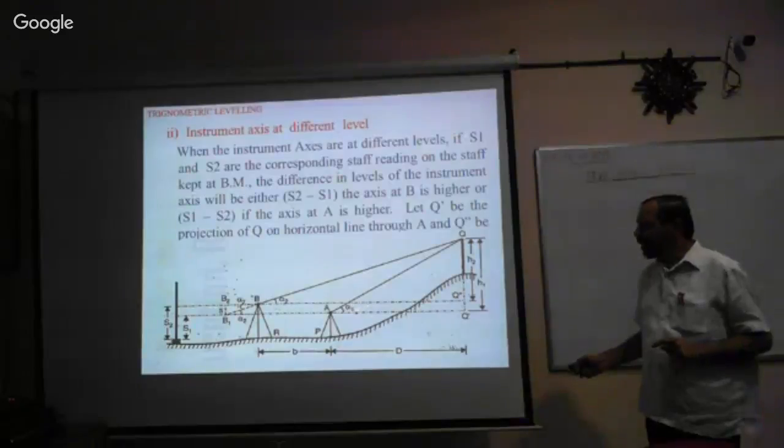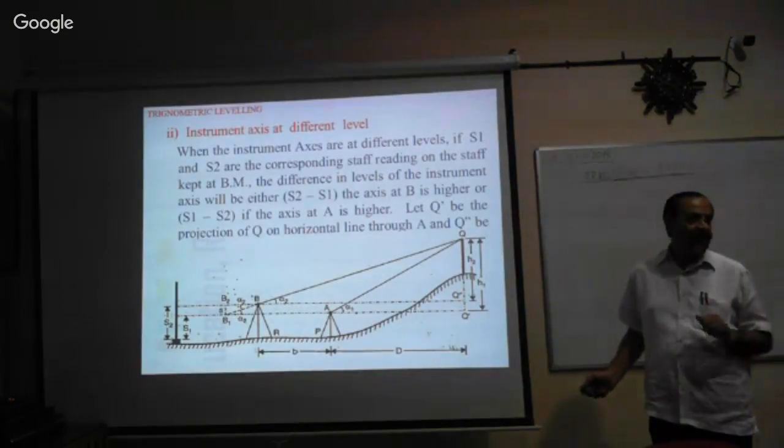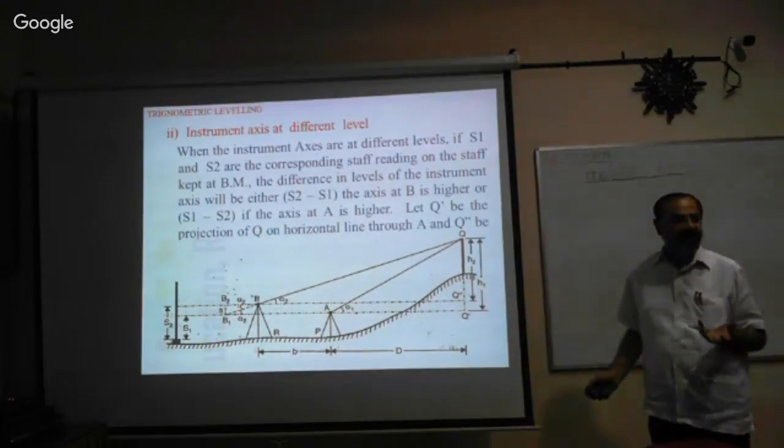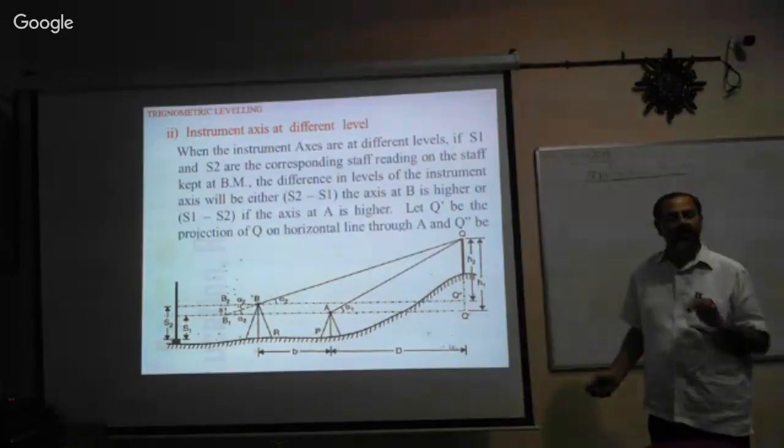We have alpha 1, alpha 2, S1, S2, and B. 5 data we have. In the previous case, we had 4. In this case, we have 5.